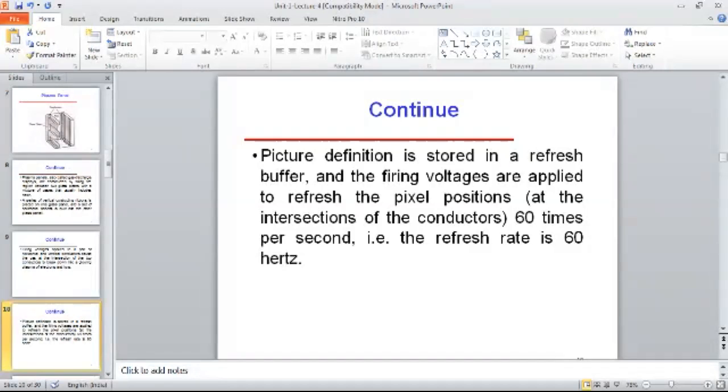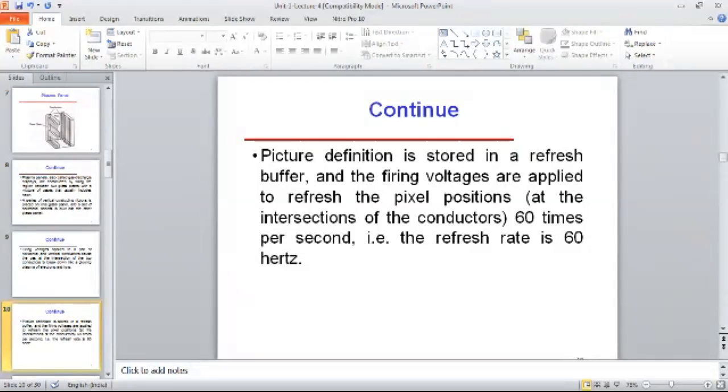But because this is going on continuously, we get the light at a constant rate, so we cannot judge whether it is going on or off. So it is happening 60 times per second here in this case.